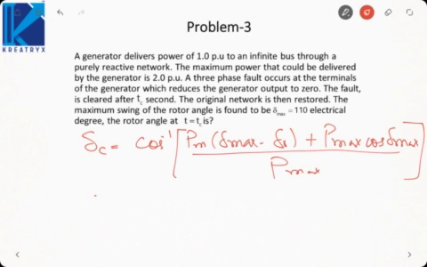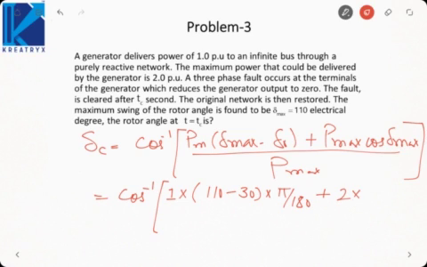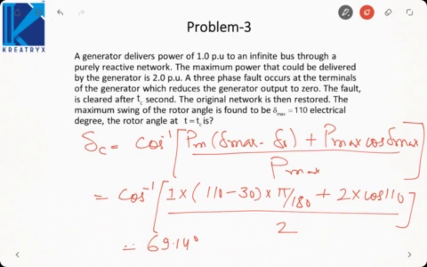Rather, we will take it as 110. Pm is 1. Delta max is 110 minus 30, into pi by 180, plus P max is 2, cos 110, divided by 2. So this will come out to be 69.14 degree.